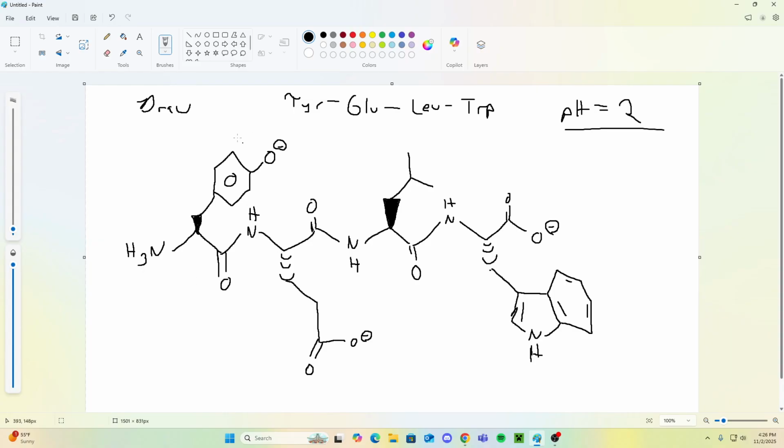And similarly, because this pKa value of the tyrosine is roughly 10, this would also likely be protonated in solution. So you would just get rid of this negative sign here and say, hey, that's going to be an alcohol group that has this proton on it.